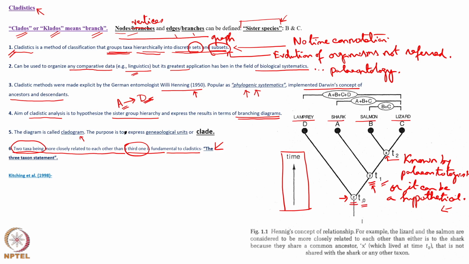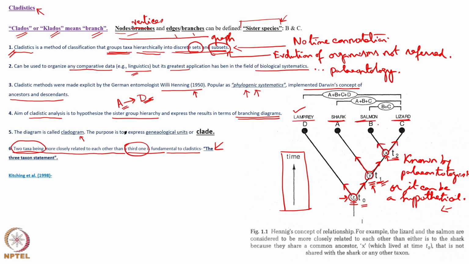At time t0 the taxon Z evolved and gave rise to two taxa, one is the lamprey, another is the taxon Y. At time t1 taxon Y gave rise to two taxa, one is the shark, another is the taxon X. At time t2 X gave rise to two taxa, the salmon and lizard.